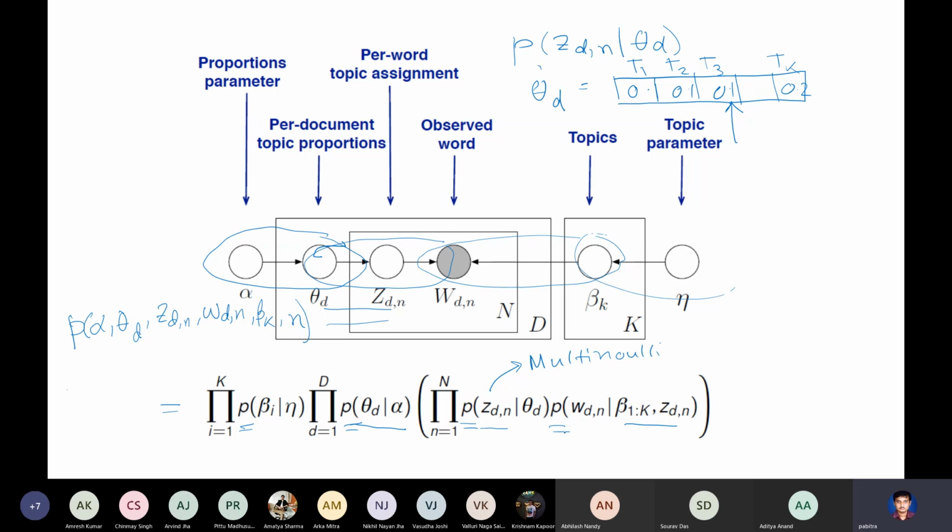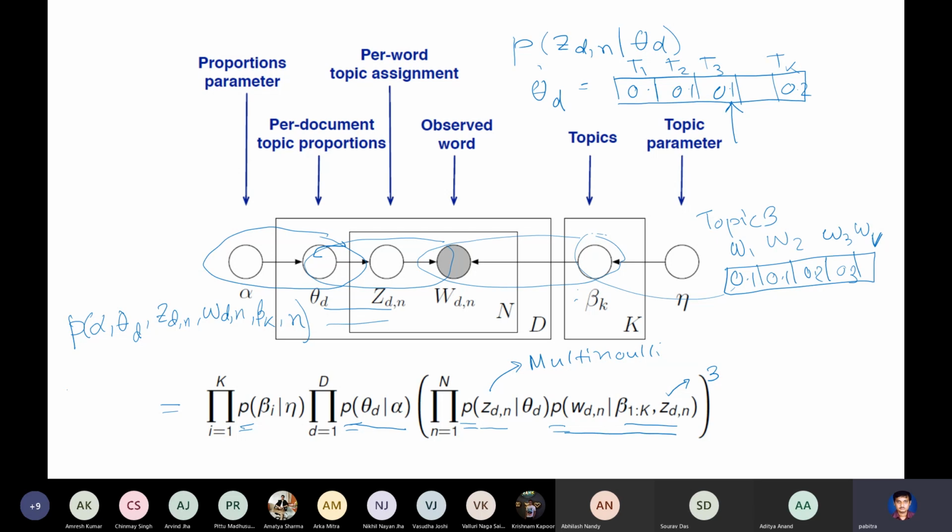Similarly, what is P of Wdn given beta and Zdn? Let's see. Suppose Zdn I have picked to be, say, 3, topic number 3. Topic 3 has a word distribution: word 1, word 2, word 3, word 4 up to word V. Let's say the word distributions are 0.1, 0.1, 0.2, 0.3, and so on.